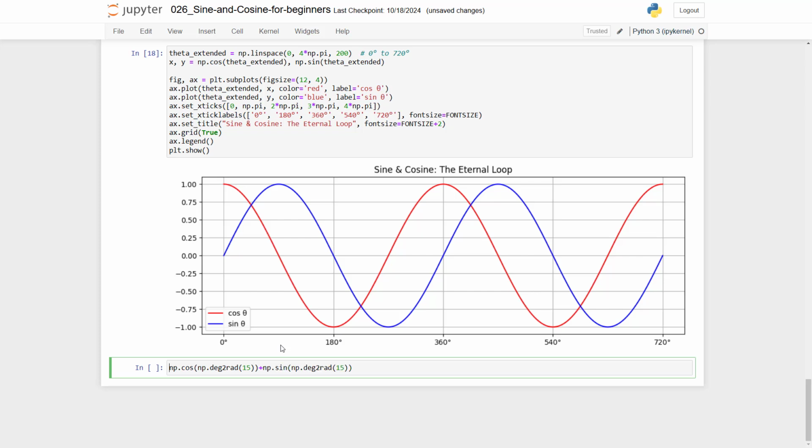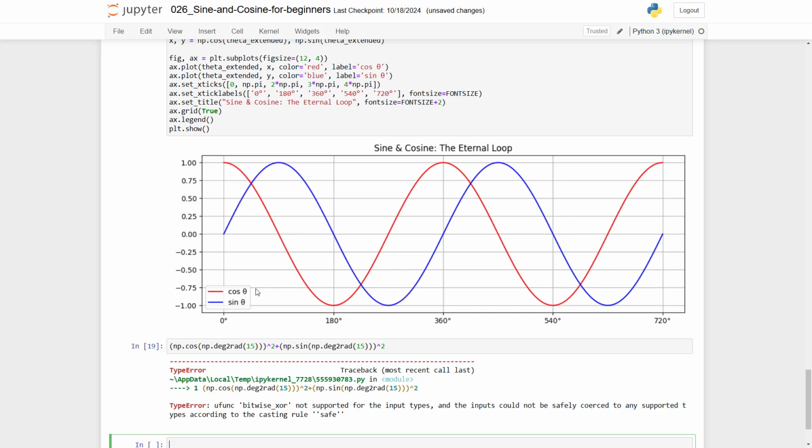This one plus sine, and we would be squaring it. And of course it didn't take it. Probably.